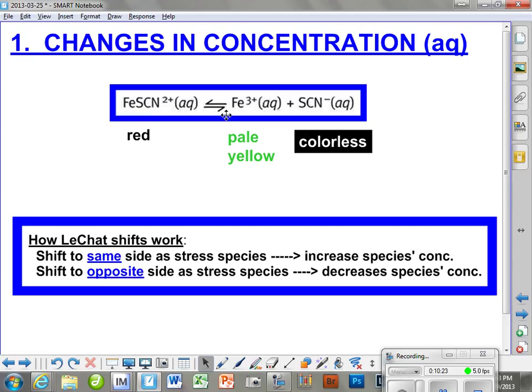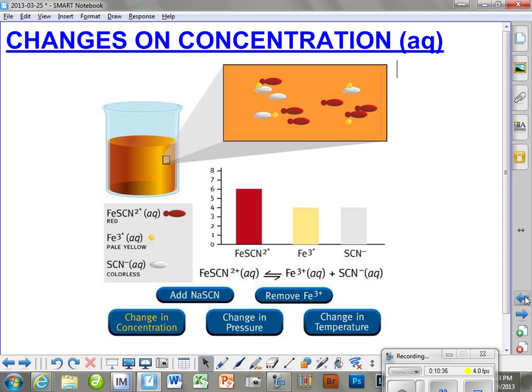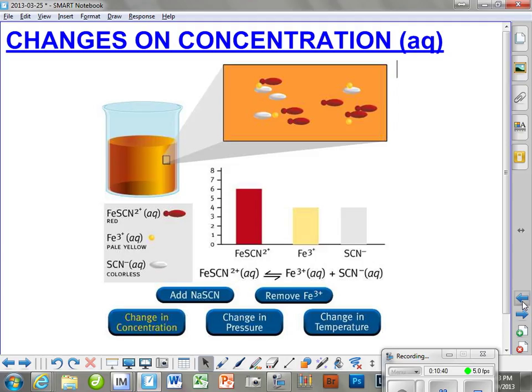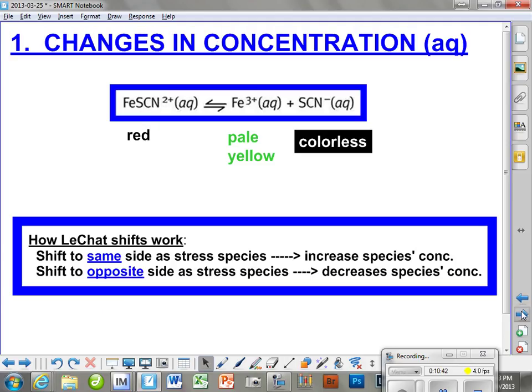And then next, this is kind of a summary of the concentration part of the notes that you just took, and this applies to this screen. Notice I have them both in blue. So, this one was colorless, this one's pale yellow, and this one is red.